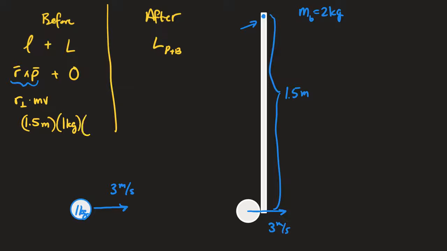And V is the velocity, 3 meters per second, which I wrote all of it out to make sure you see that the units come out correctly for angular momentum. 3 times 1.5 is 4.5. So this is 4.5 kilograms meters squared per second. That is the unit for angular momentum. Any question where I got any of that?